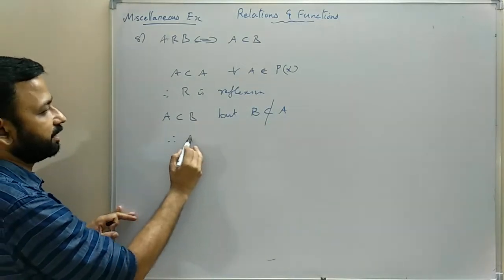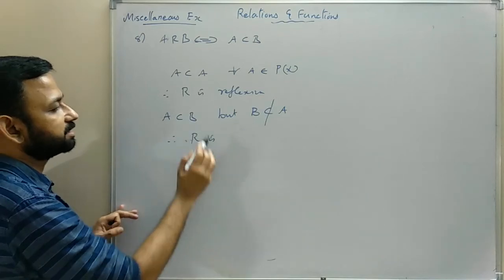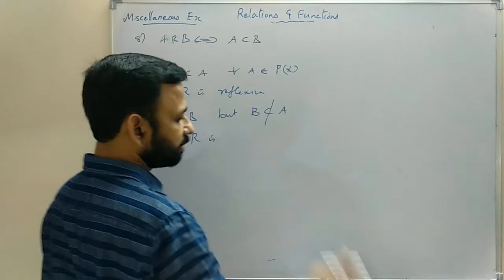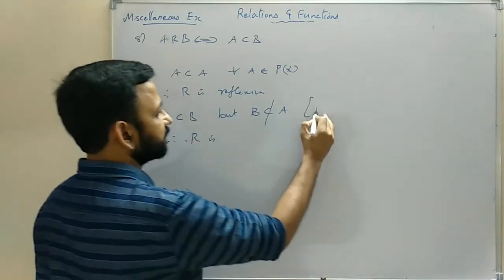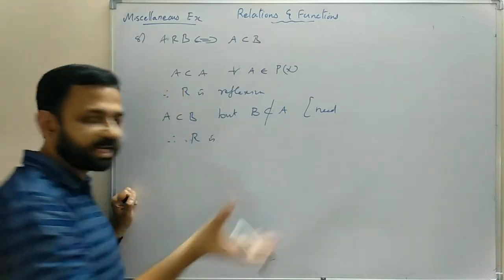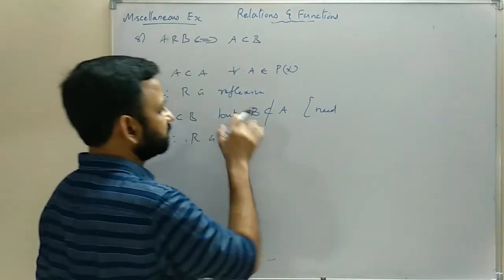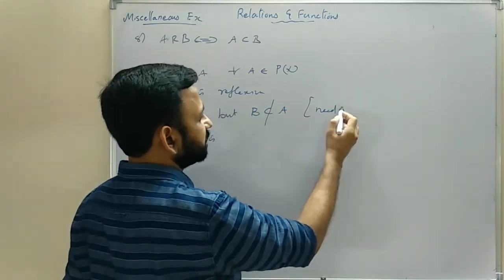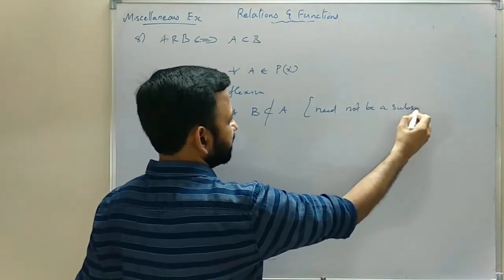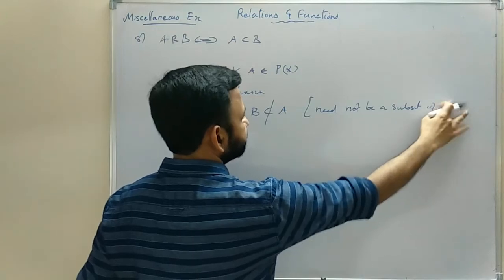Therefore, A is a subset of B, but B need not be a subset of A. In some cases B is a subset of A, but only if A and B are equal.